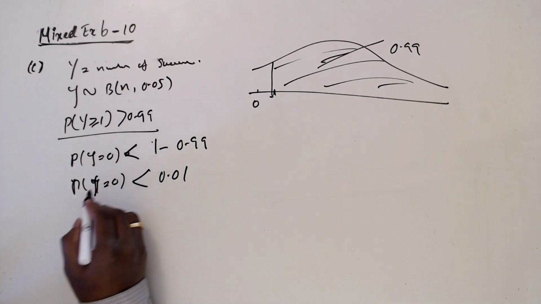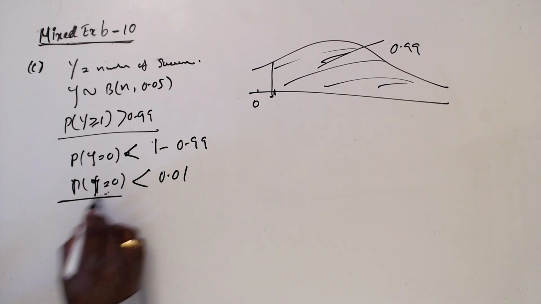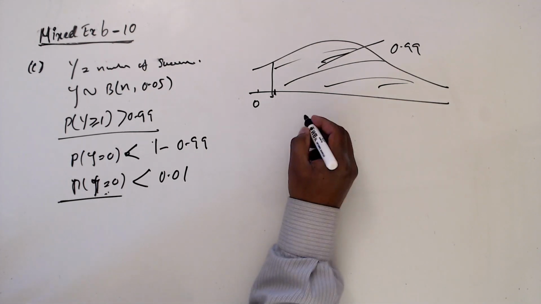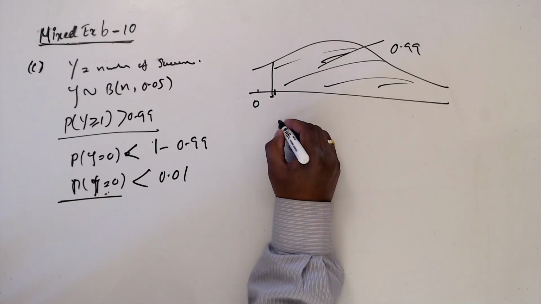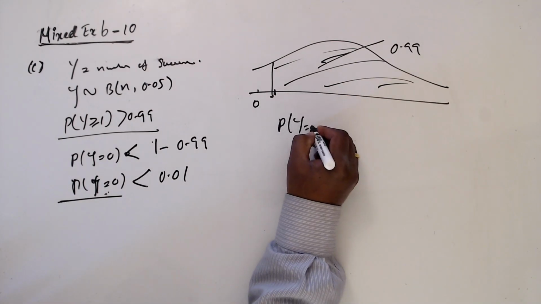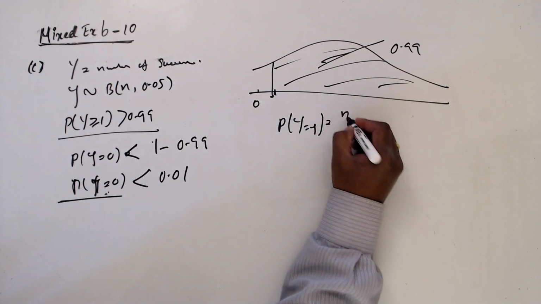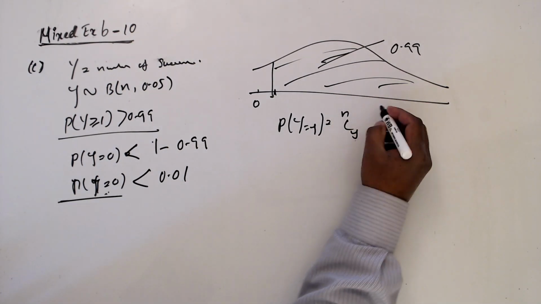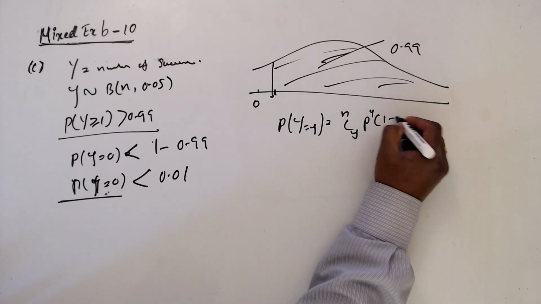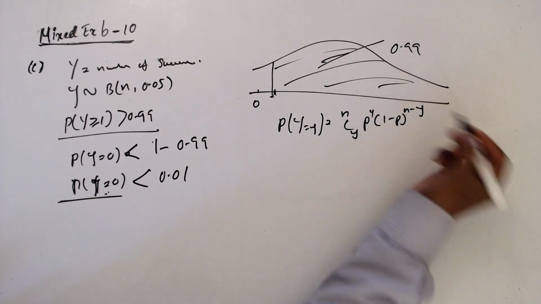Now what is the probability of getting y equals 0? Probability of y equal y is nCy p^y (1 minus p)^(n minus y).